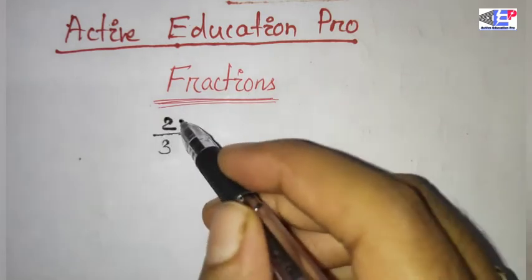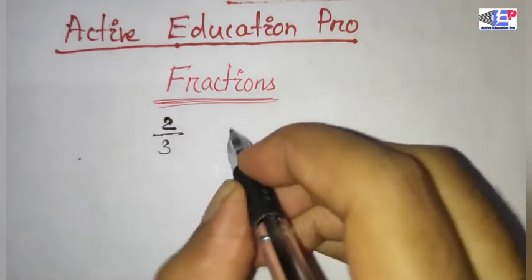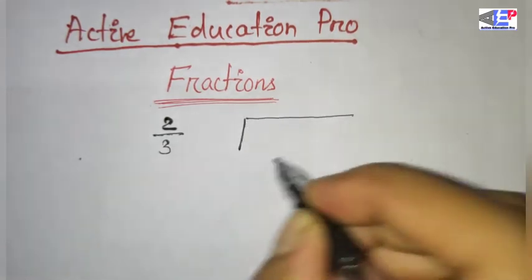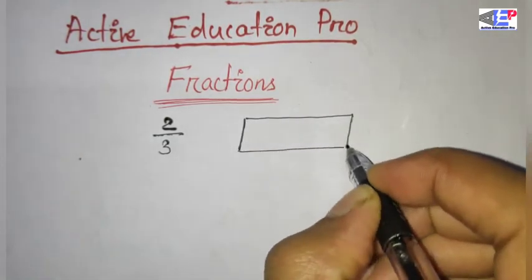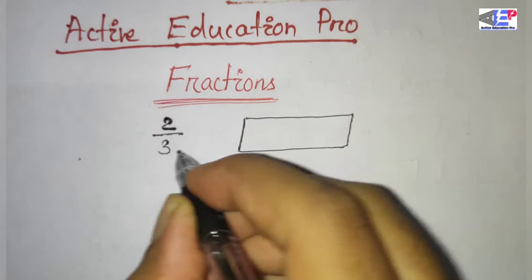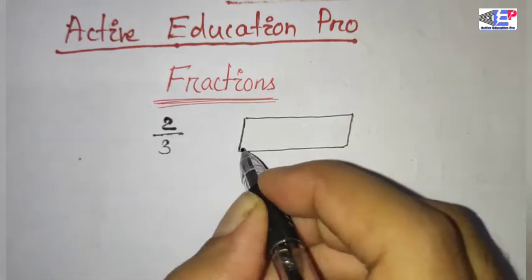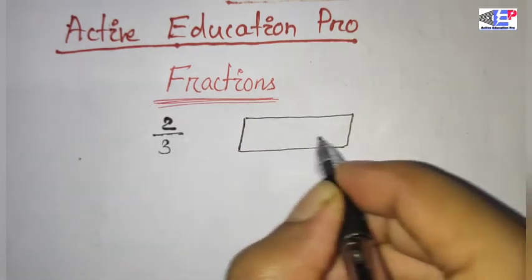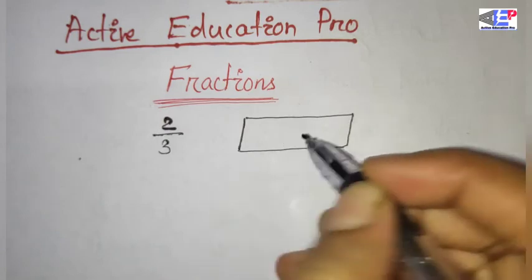Here, if you draw this 2 by 3 as a fraction, you shade it in a rectangle. The denominator is 3, so divide this rectangle into 3 equal segments.